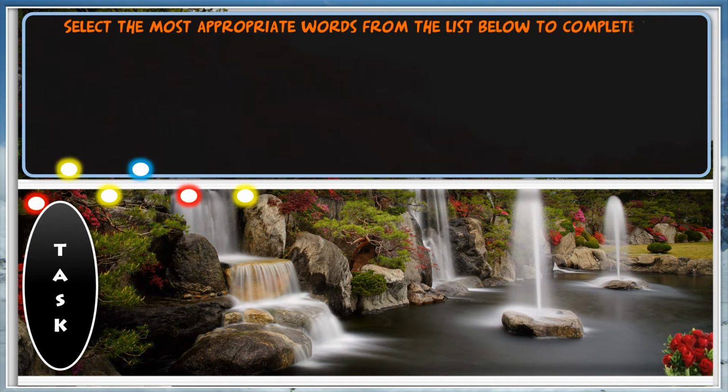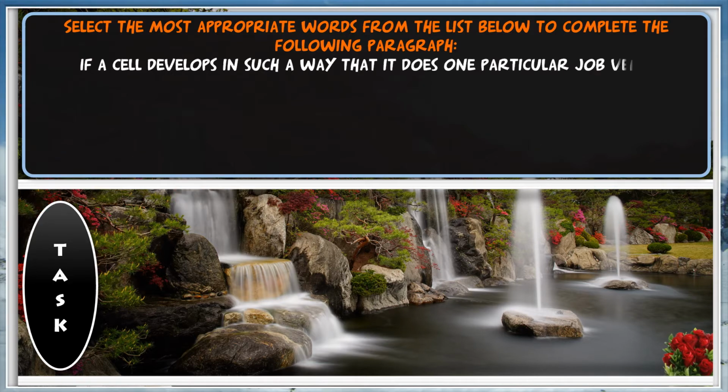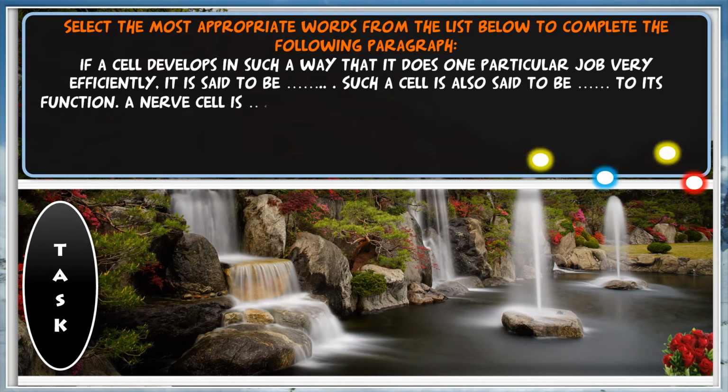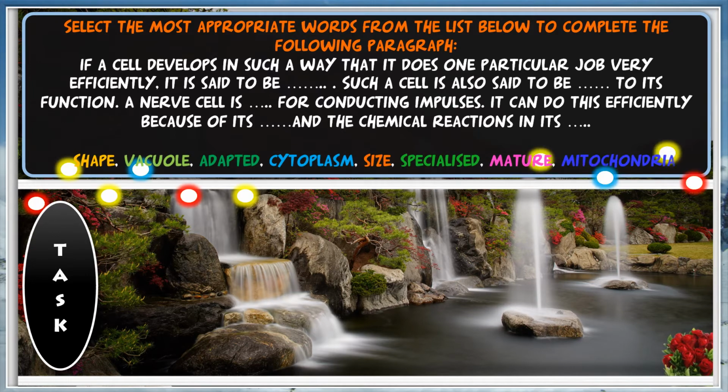Select the most appropriate words from the list below to complete the following paragraph. If a cell develops in such a way that it does one particular job very efficiently, it is said to be dash. Such a cell is also said to be dash to its function.